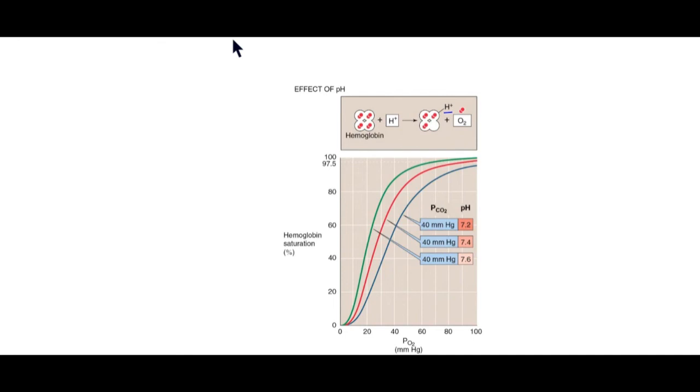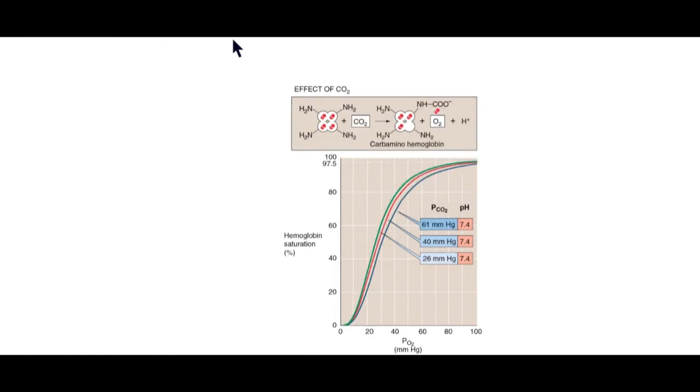You can have an elevation in CO2 without having a change in pH. It is possible to have that if you're able to buffer out those acids with other bases that are present in the body. So that CO2 is pretty much a more minor effect of the Bohr change.